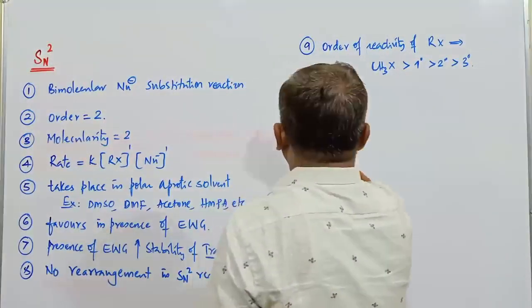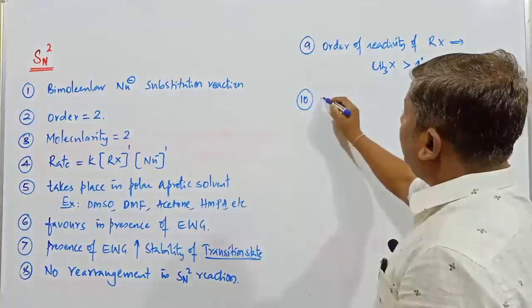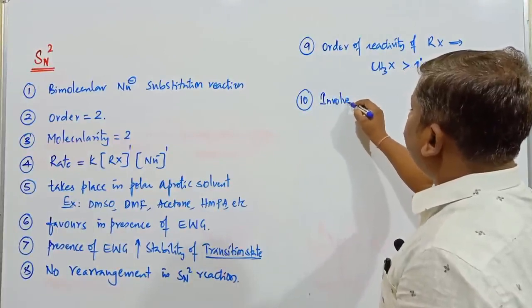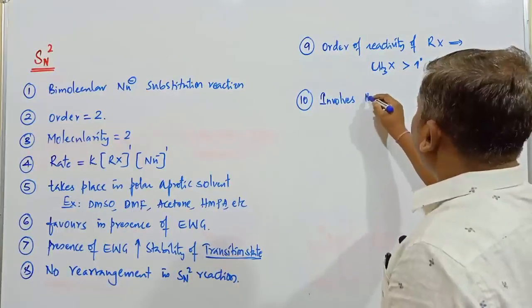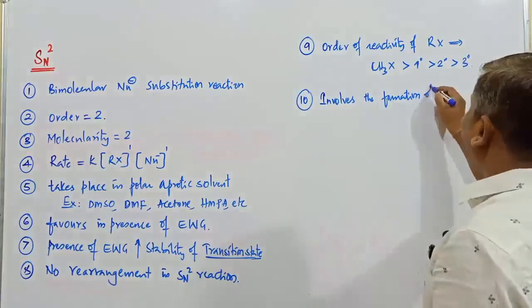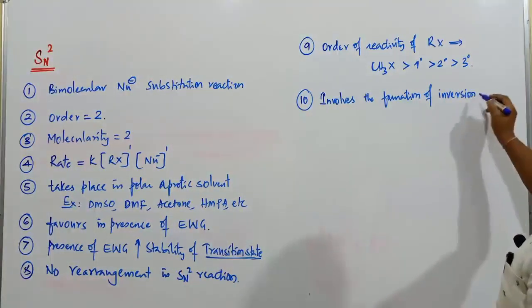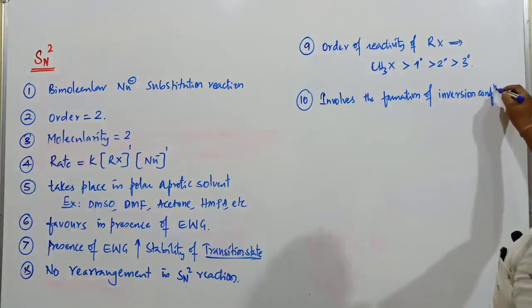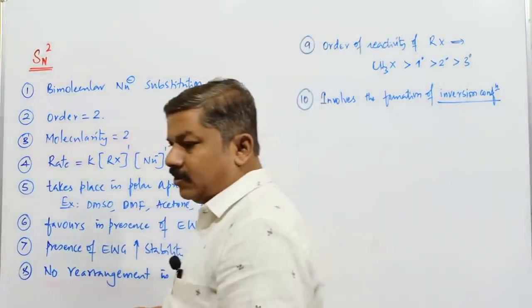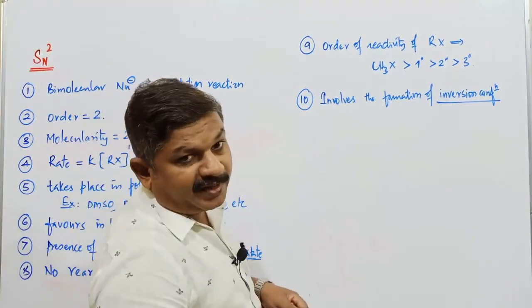The next point related to this SN2 mechanism is that this reaction involves inversion of configuration. Just now I explained in the mechanism that inversion of configuration takes place here. What is the point related to the SN1 mechanism? SN1 mechanism results in the formation of a racemic mixture.